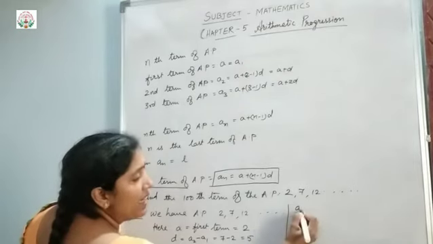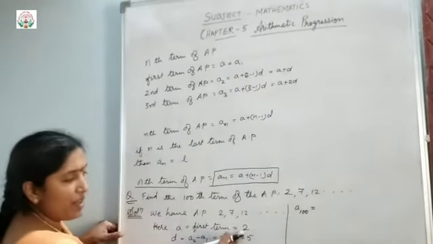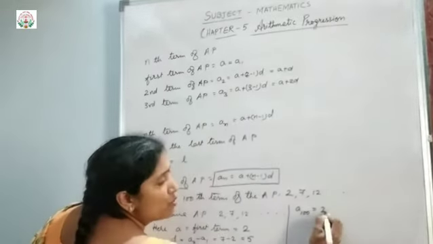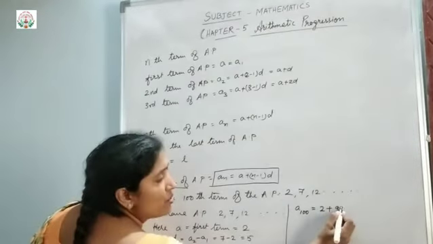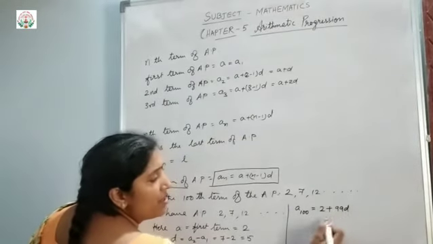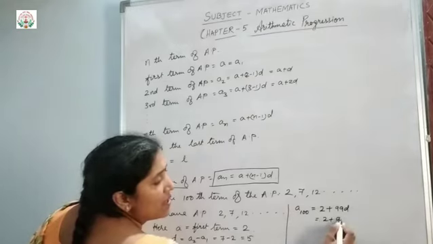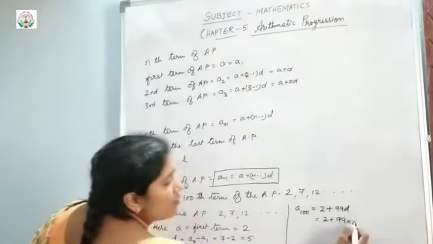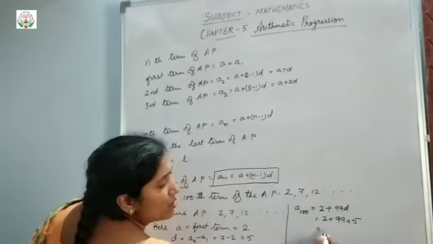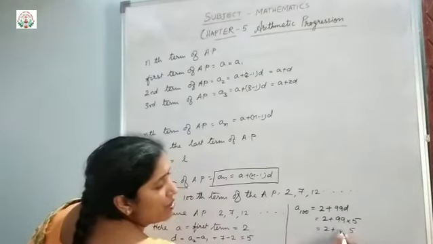A100 equals first term 2 plus 100 minus 1, which is 99, into D, which is 5. So it will be 2 plus 99 into 5, which is 2 plus 495.